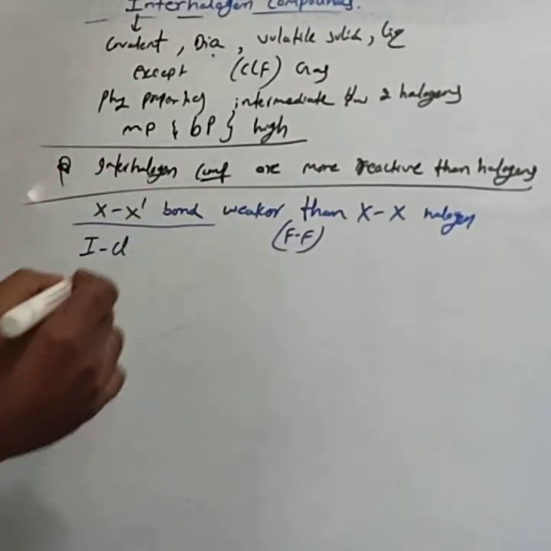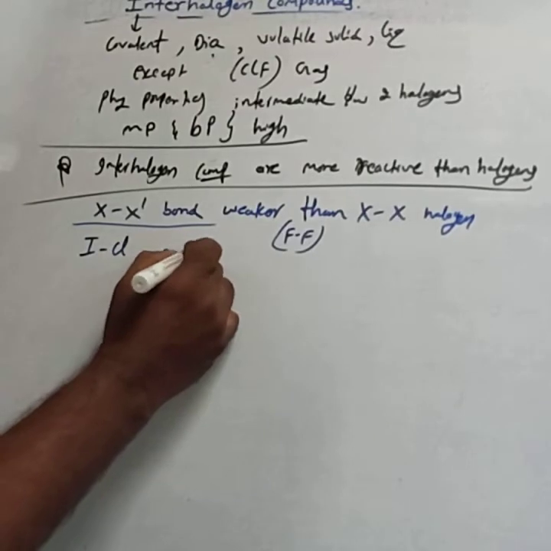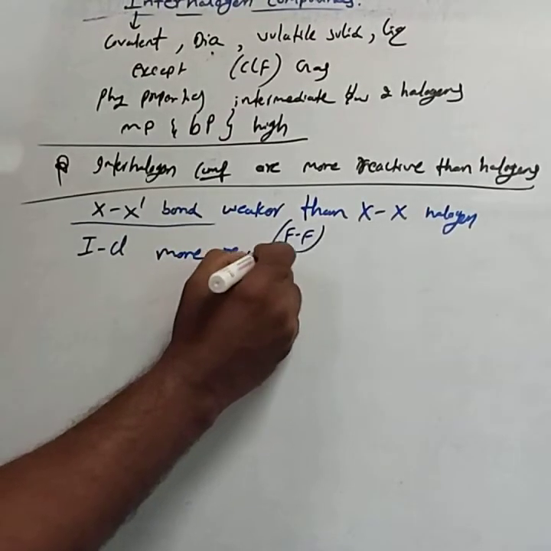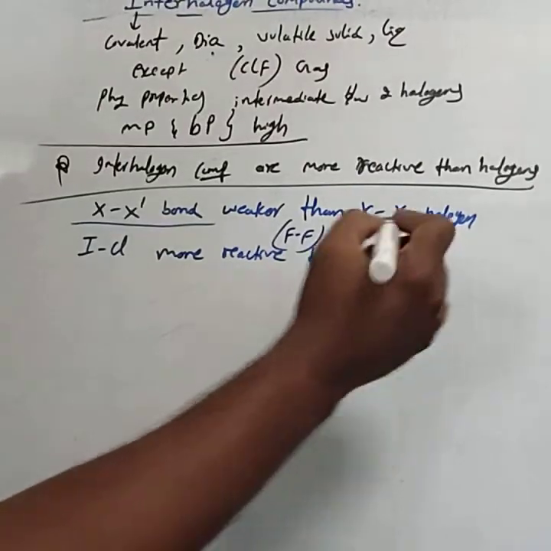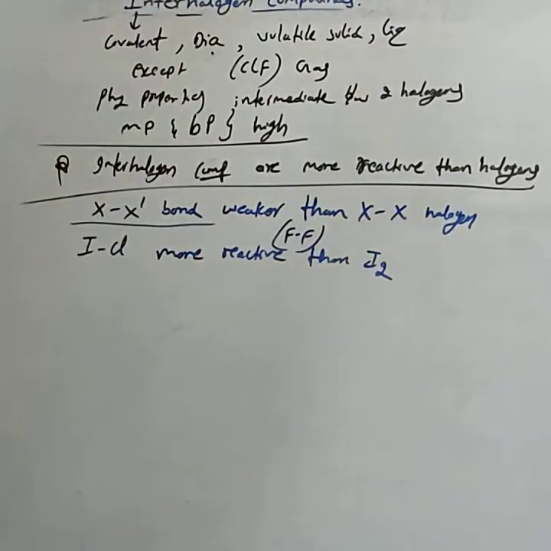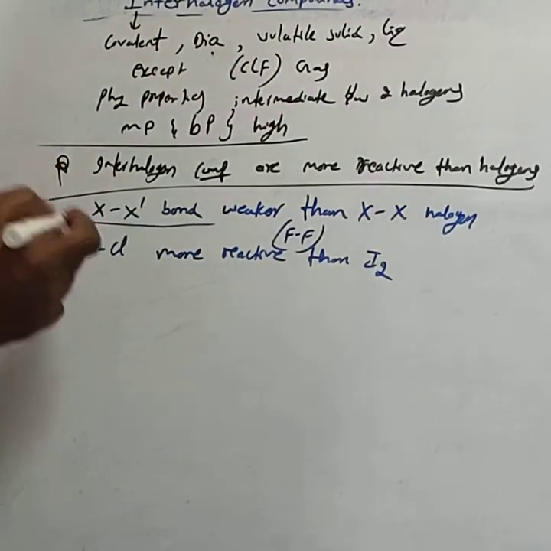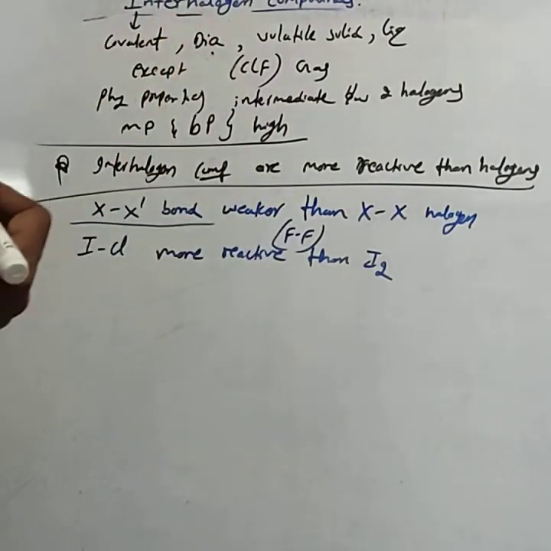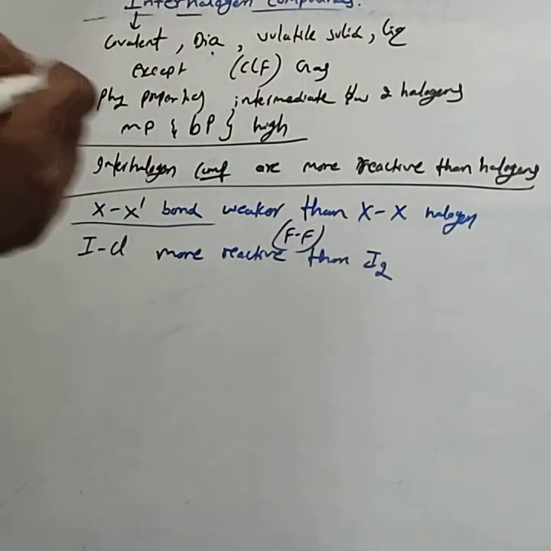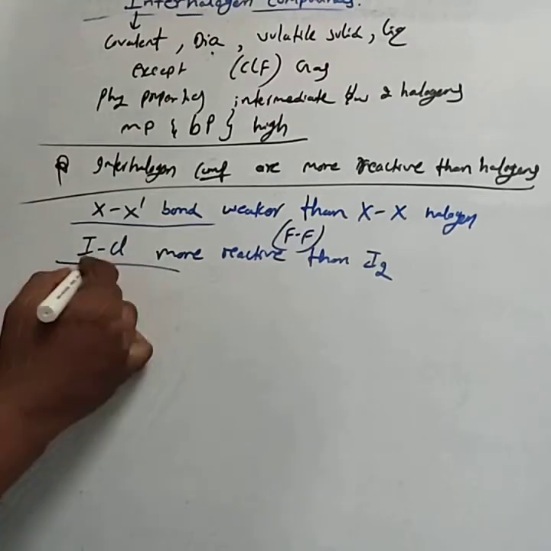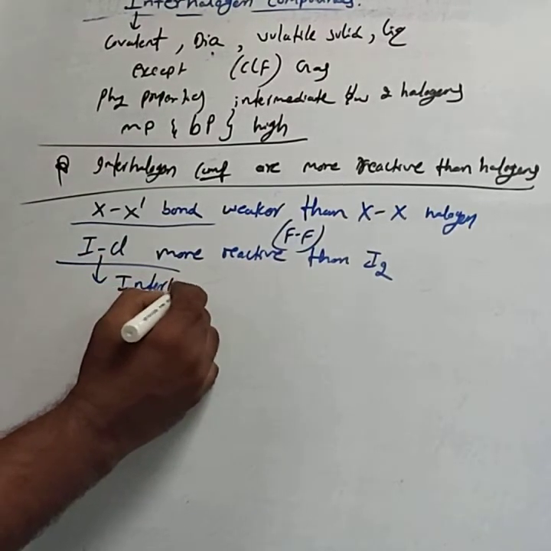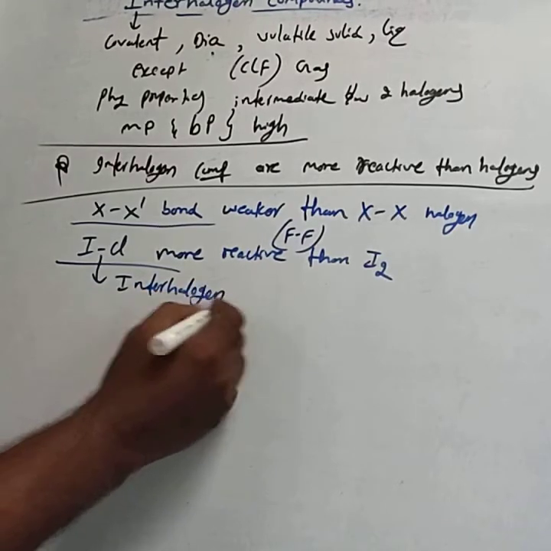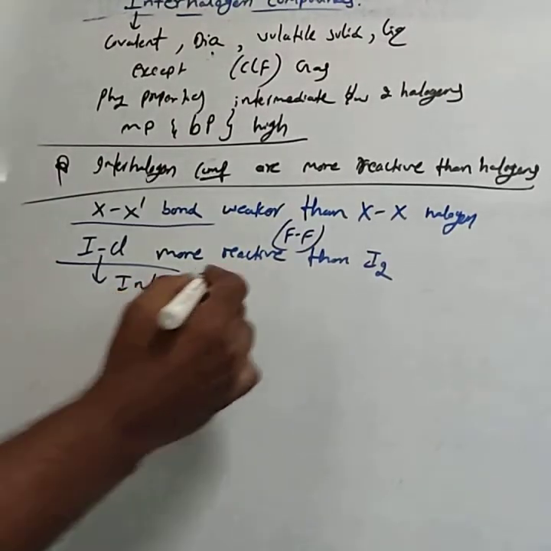ICl is more reactive. Why is ICl more reactive than I2 or Cl2? First, ICl is an interhalogen compound.